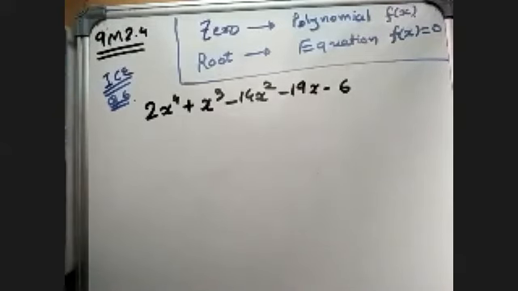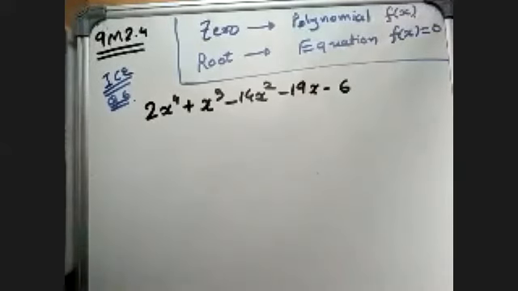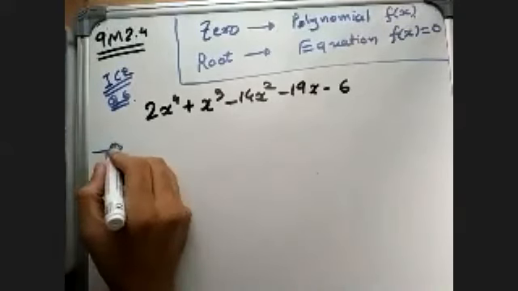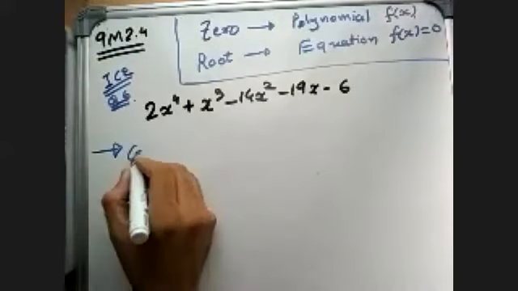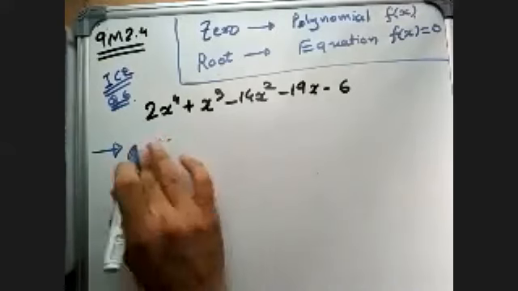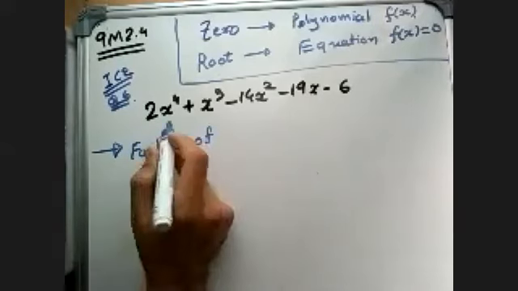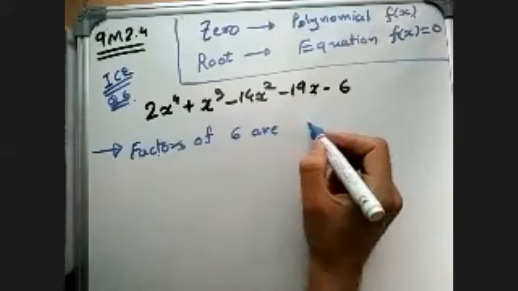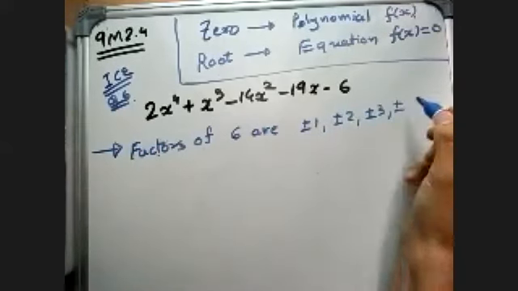Right? So same method only, same theorem that we have done now. Okay, rational roots theorem, because here the coefficient is not 1. So here we will use rational roots theorem. So from rational roots theorem, the factors of 6 are 1, 2, 3, 6.